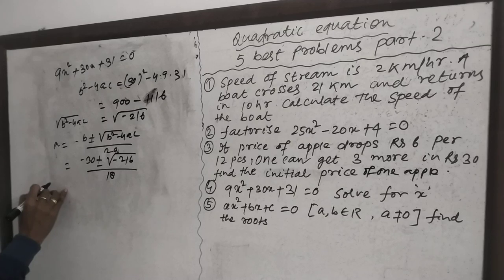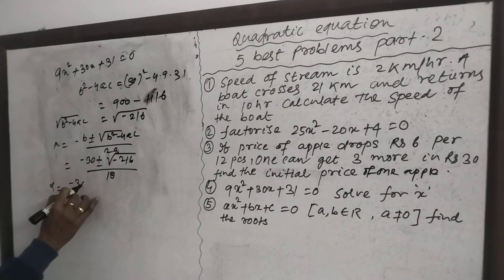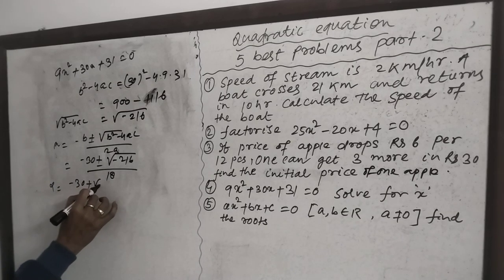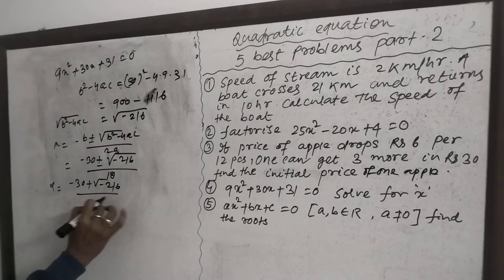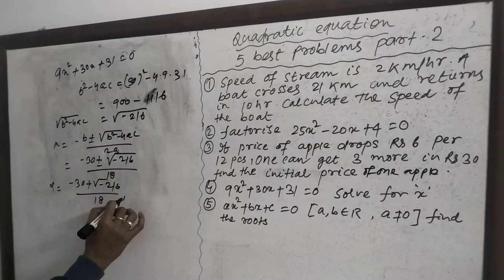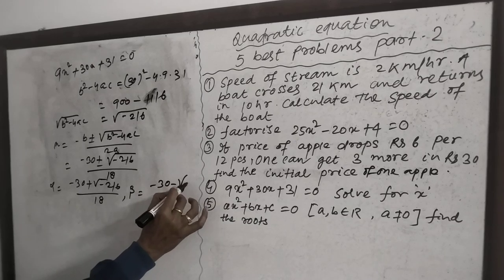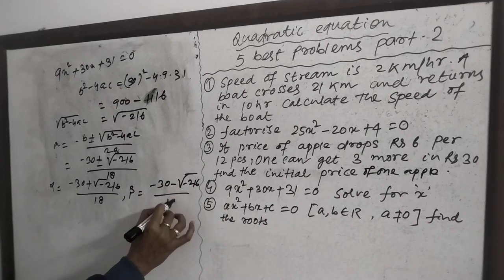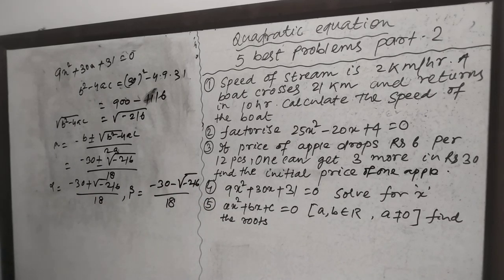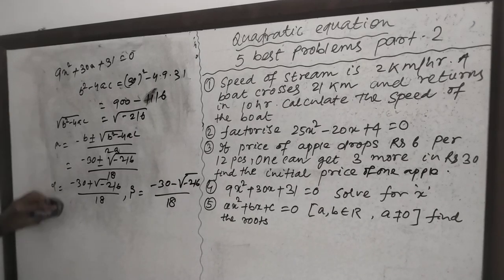Okay, the alpha will be minus 30 plus root over minus 216 by 18, and beta will be minus 30 minus root over minus 216 by 18. These are the two roots.